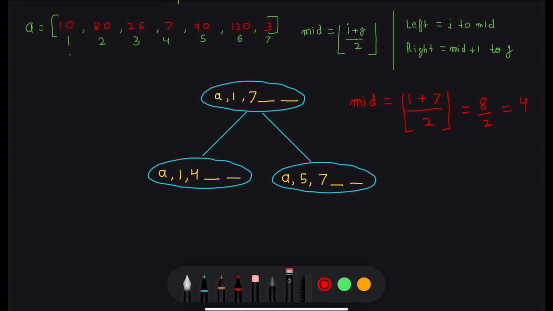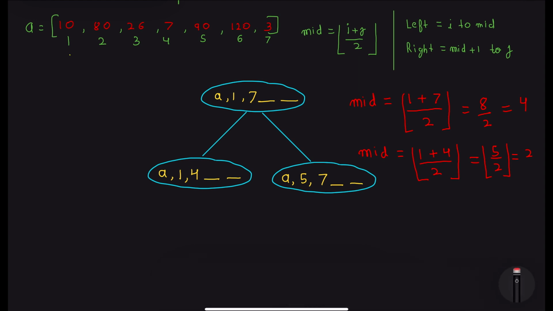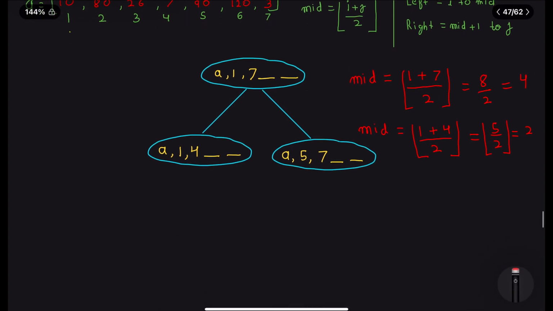Left side can be further divided. So here the mid will be (1 plus 4) by 2. So it will come 2.5 and we will take floor which will be 2. So in the left side we will have elements 1 and 2 and the right side we will have elements 3 and 4. Let's draw for left side.